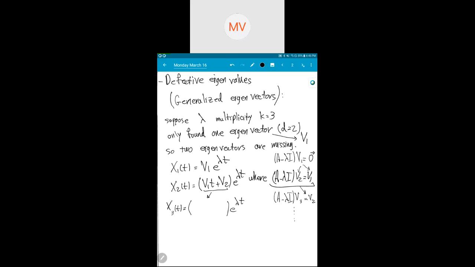Of course, a term was added to it, which is V2, right? So the next one is going to be the second power of t. I should have left more room, so let me raise this. So it's going to be V1 t squared plus V2 t plus the new vector V3 that we find, e to the lambda t.